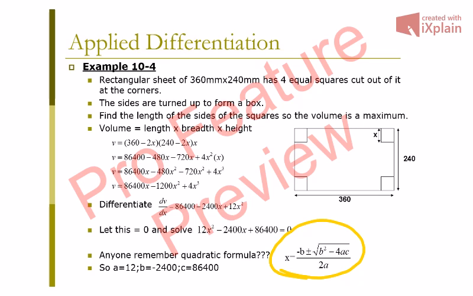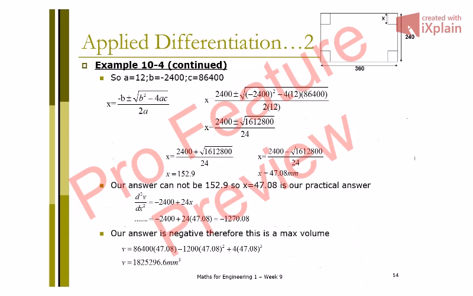So we simply plug those values into the quadratic formula and we solve for x. Quite a bit of work in this part, well worthwhile pausing this video and working through it yourself. Remember that the 24 in the bottom line, which comes from 2a, 2 times 12 is 24, divides into both the 2400 and this part here.